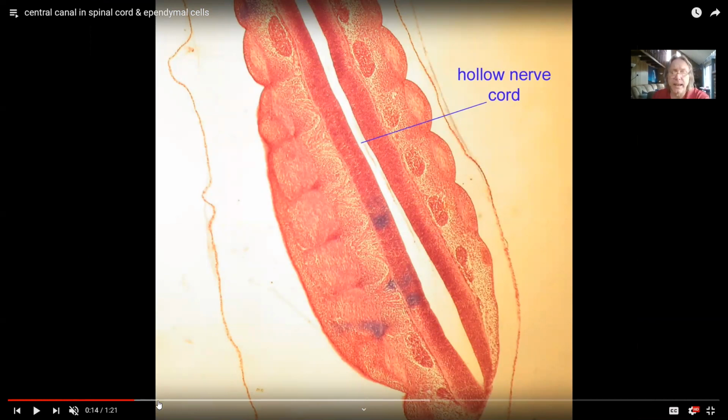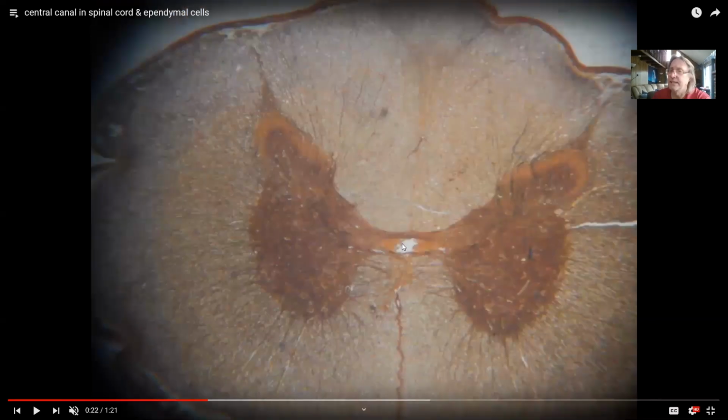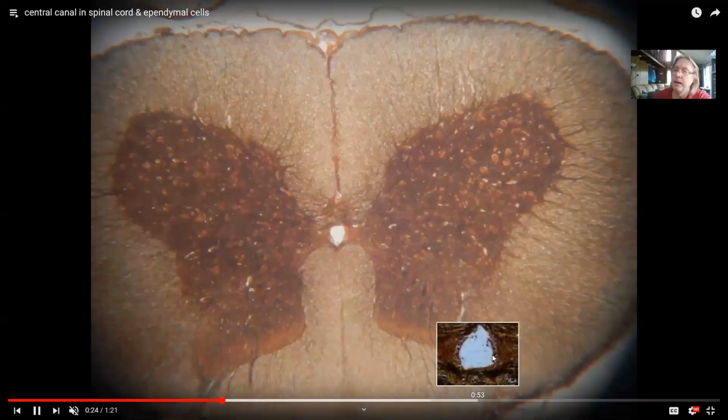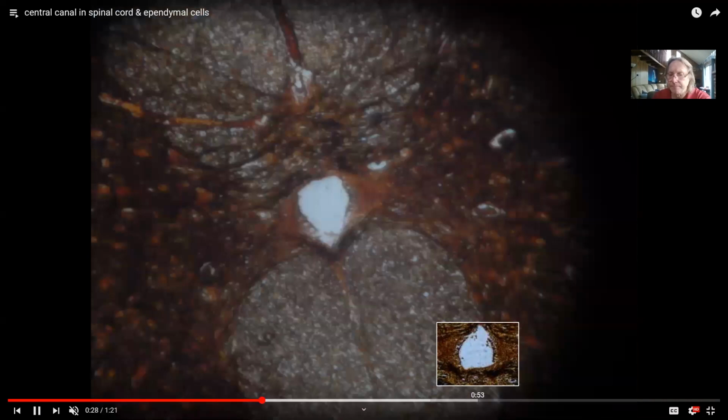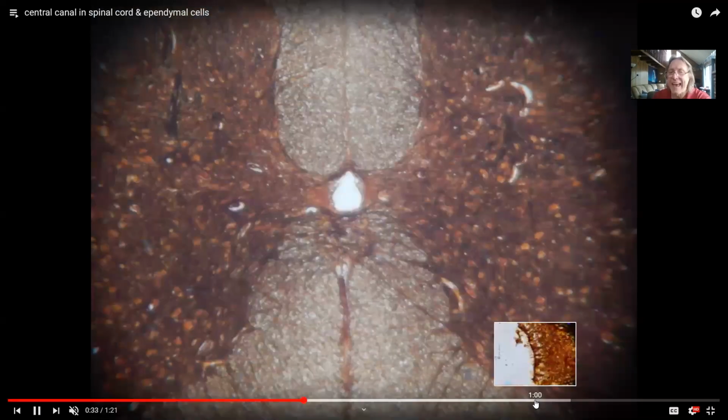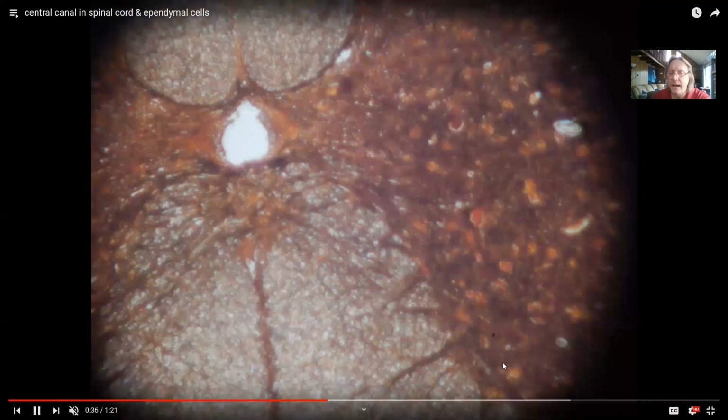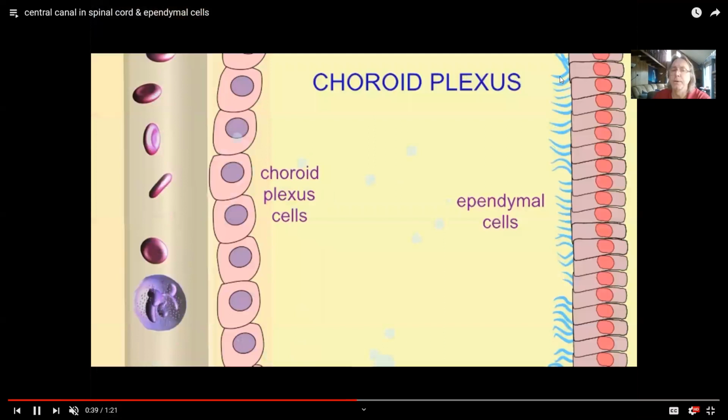It starts off with a space, and these spaces exist in adults as ventricles in the brain or the central canal of the spinal cord. And there's a fluid that floats through these spaces known as cerebrospinal fluid, and it is lined by a type of glial cell known as ependymal cells whose cilia help to create a current in this.